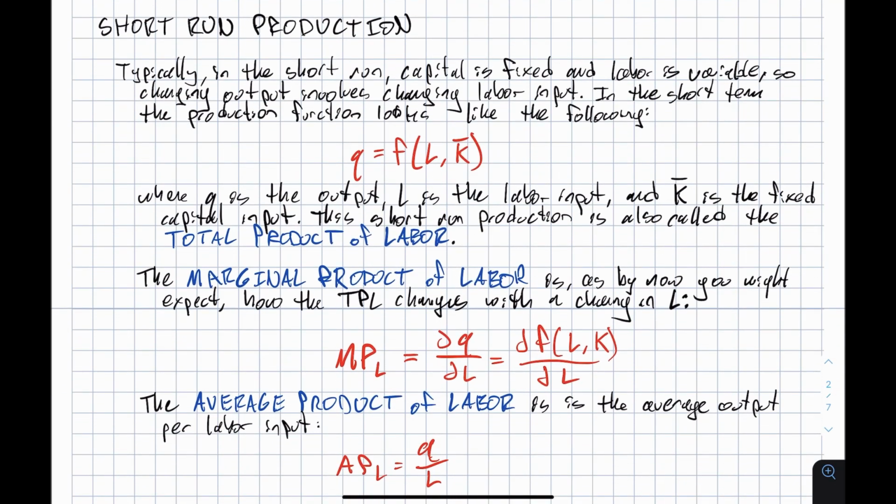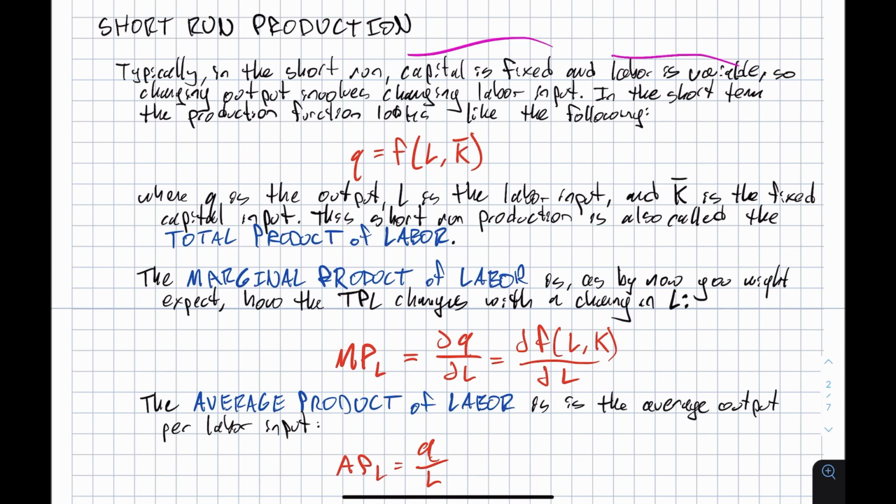Okay. So let's turn to short run production. In the short run, typically we say capital is fixed and labor is variable. So changing output involves changing the labor input.